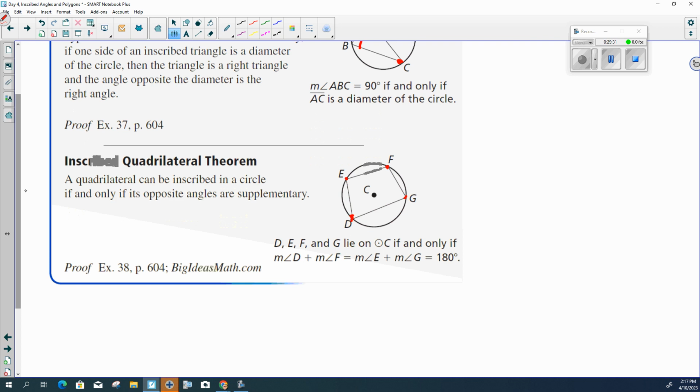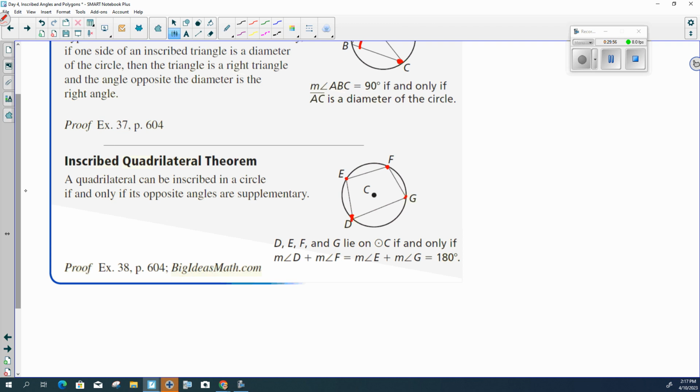A quadrilateral can be inscribed in a circle if and only if the opposite angles are supplementary. My Math 1 class is learning about triangles and angles, so what supplementary angles are is on my board over here. They have a sum of 180. So what does it mean to be opposite angles?